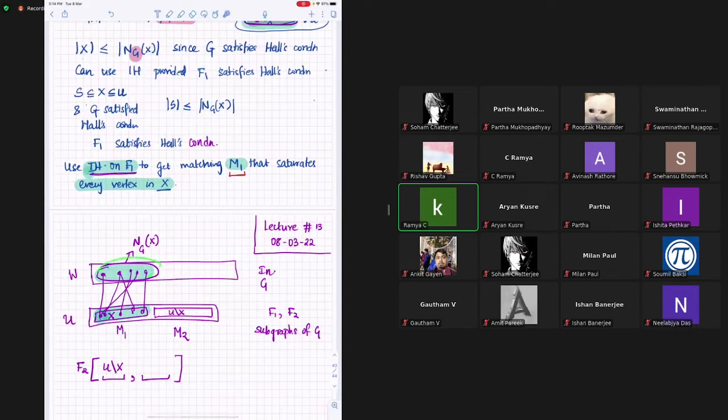Otherwise, there will be two edges in the matching that are not vertex disjoint. They may share a vertex. So from where can you find matches for U minus X? So one partition is U minus X. What should the other partition be for this new graph, F2?